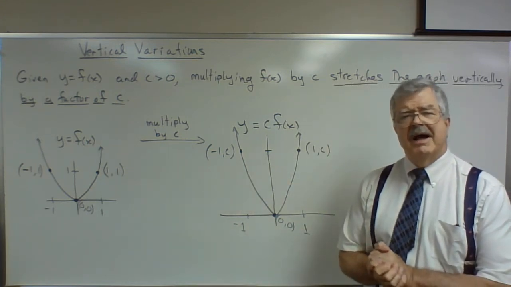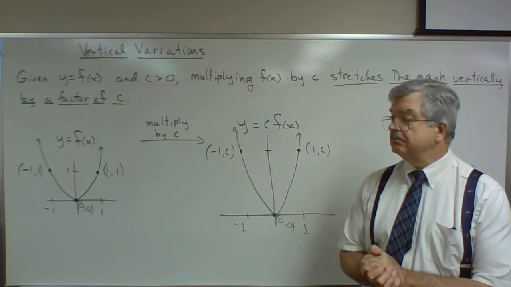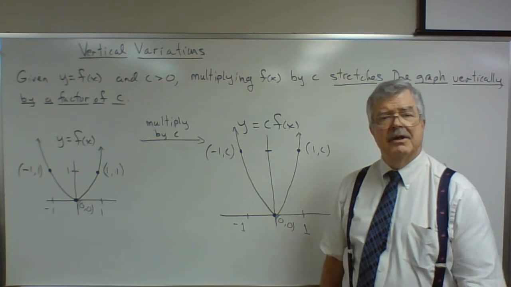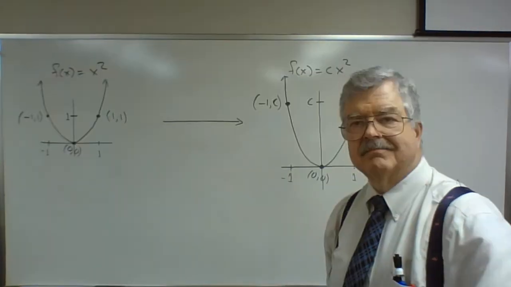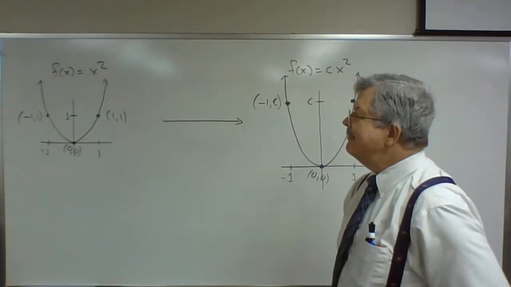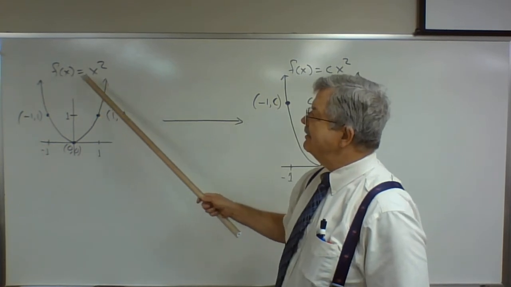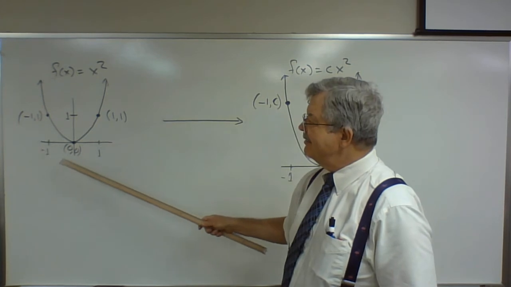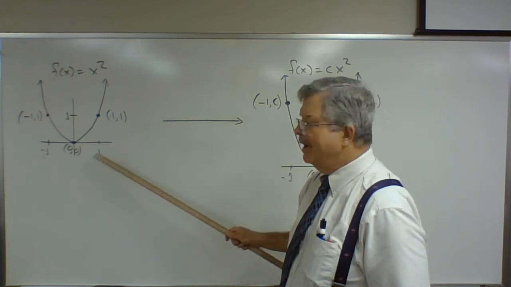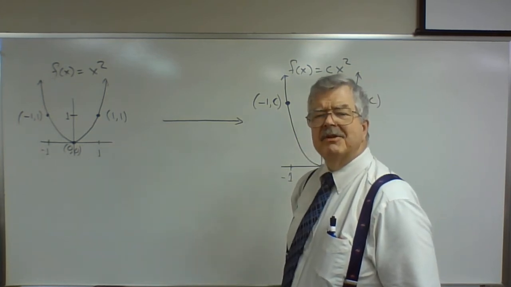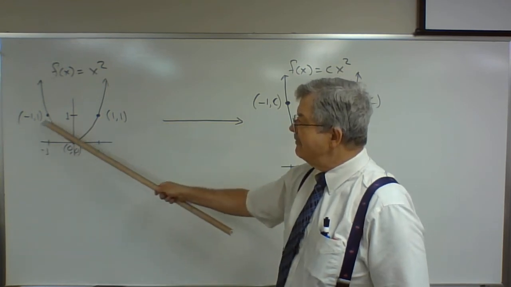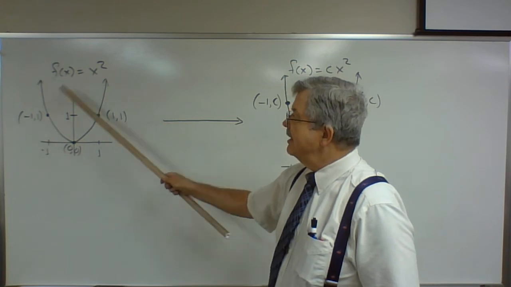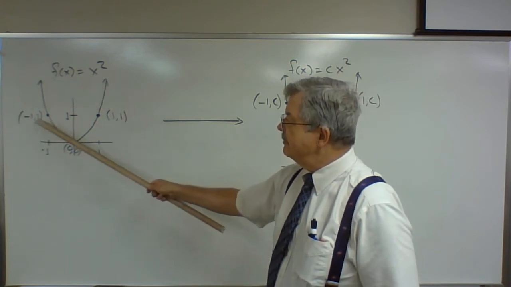Now let's apply this to all of the basic functions that we've been working with. Our first real example, f of x equals x squared. We use our old friends -1, 0, and +1, x values that we can use to compute y values on the graph. When x is -1, -1 squared is +1.